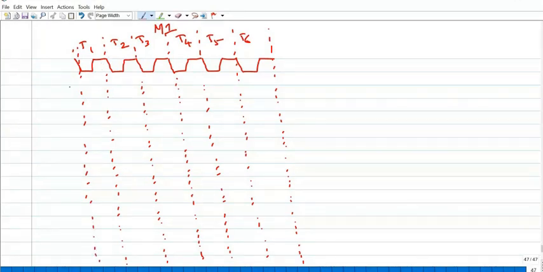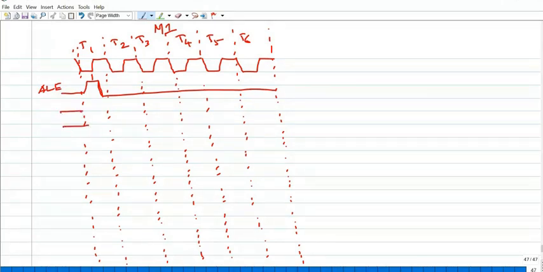During this T1 state, ALE must be high. When ALE is high, AD0 to AD7 is used to hold the lower order address of the program counter, that is PCL.